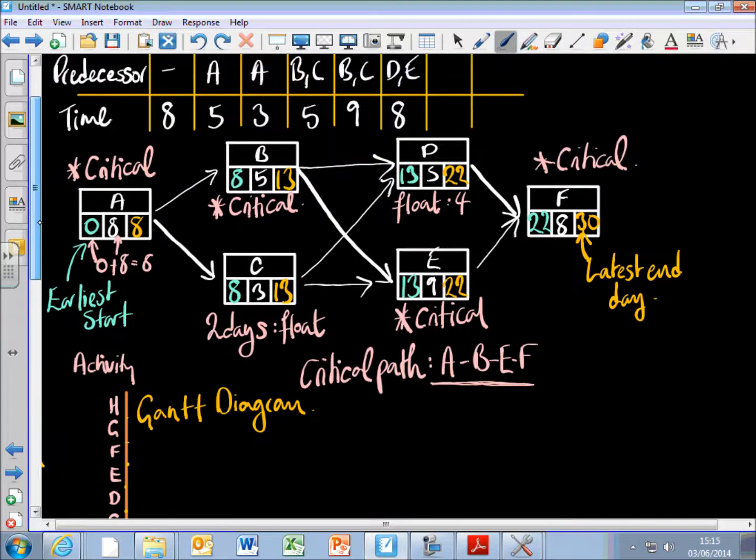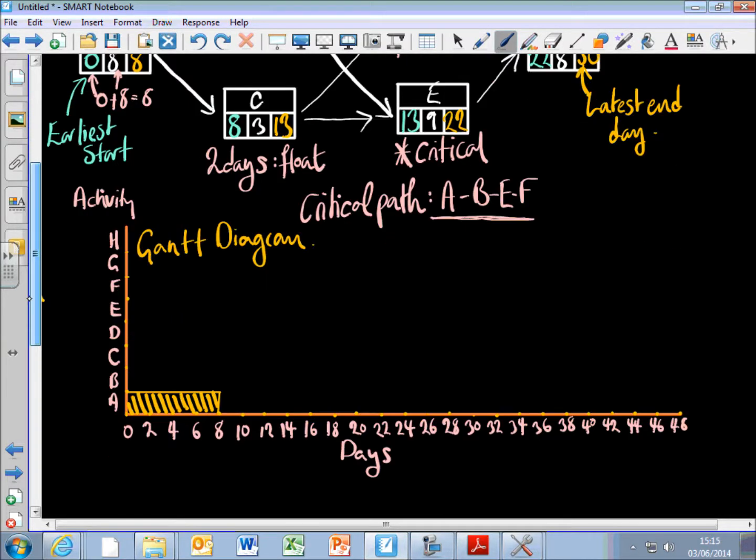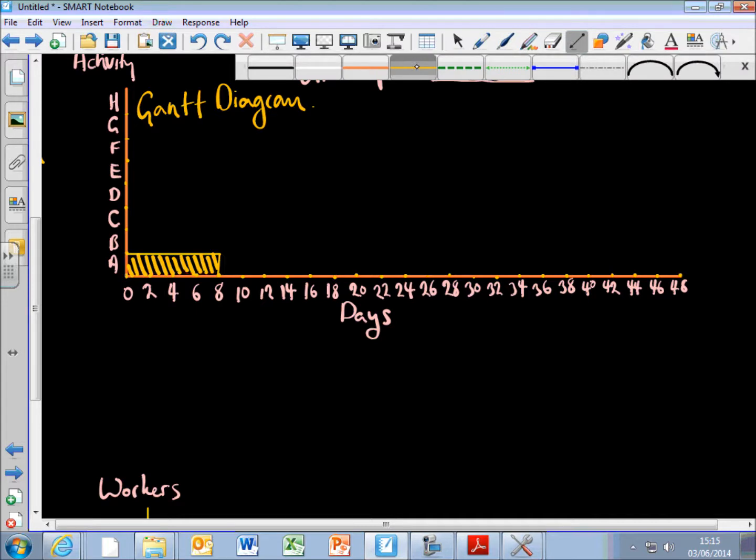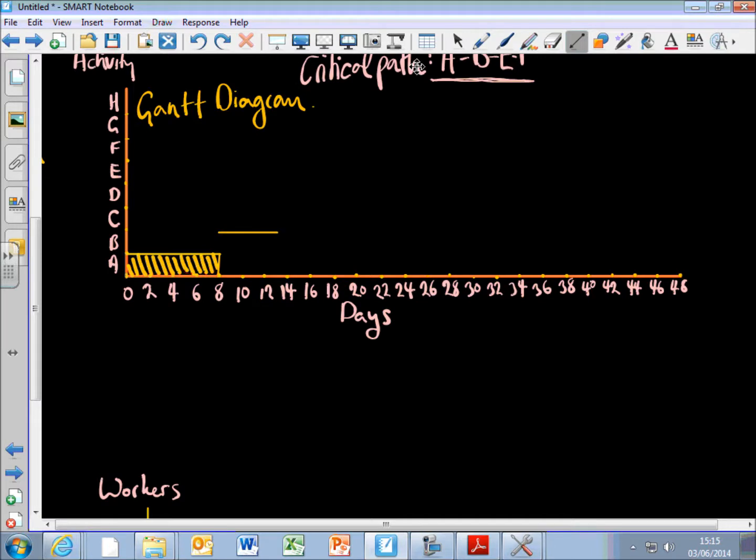Okay. Activity B can start on day 8 and it takes 5 days. So activity B starts on day 8 and takes 5 days, so it finishes about there, and that's activity B.